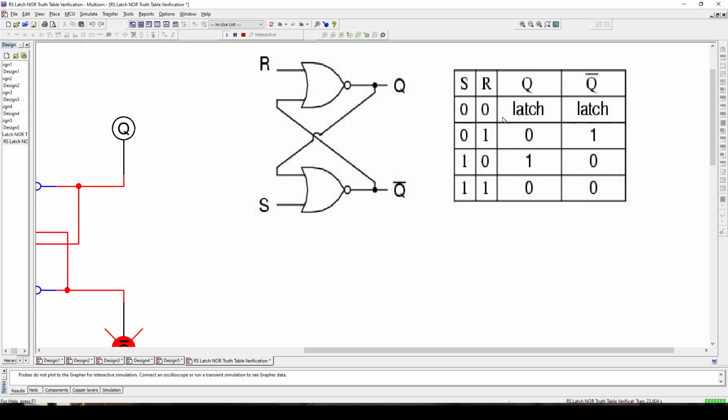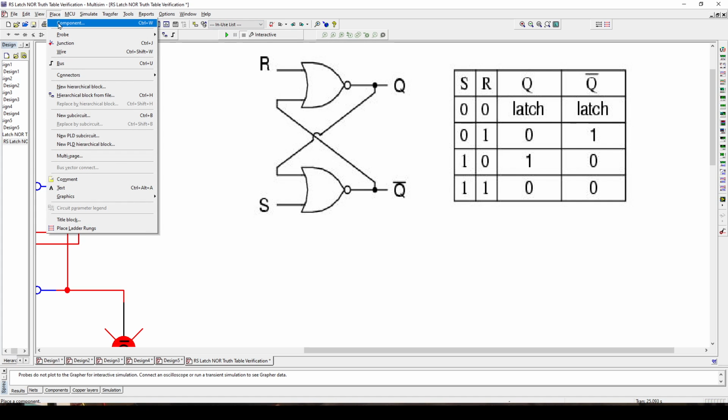Okay, so now if you have both of them at 1, S and R both at 1, then here is a situation that is not supposed to happen. I'm just going to stop the simulation here.